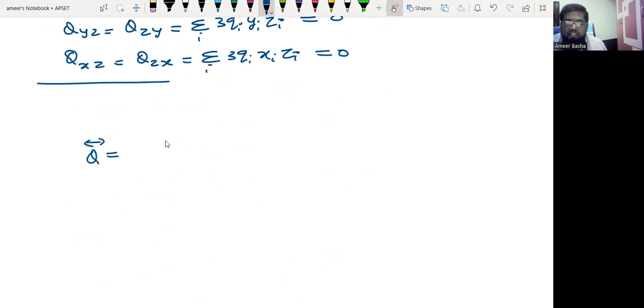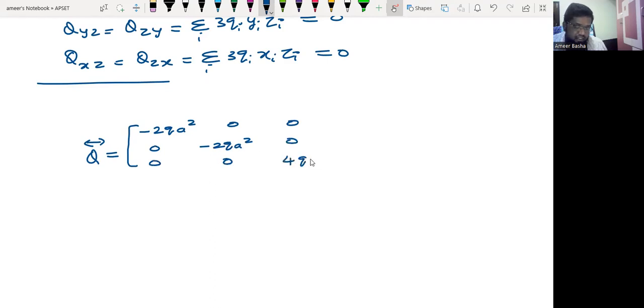When I write the Q tensor here, the first element Qxx I got will be minus 2qa square. The next elements are 0. Next here it is minus 2qa square. Then this element is 0. Then 0, 0. Then it is 4qa square. So trace is 0, and it is symmetric, and every condition is satisfied.